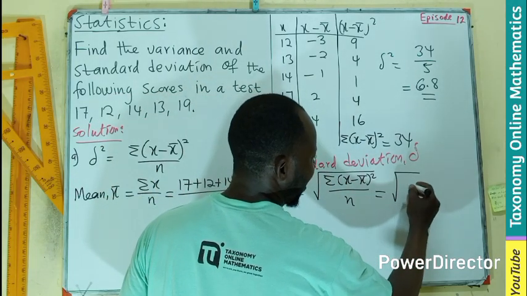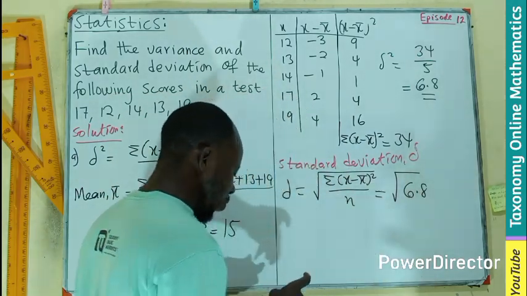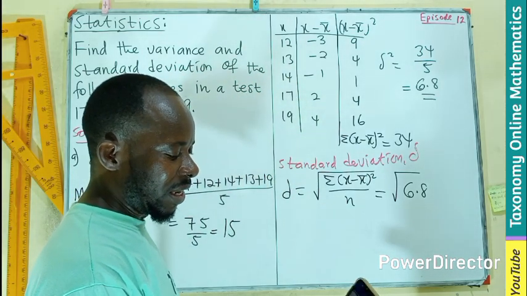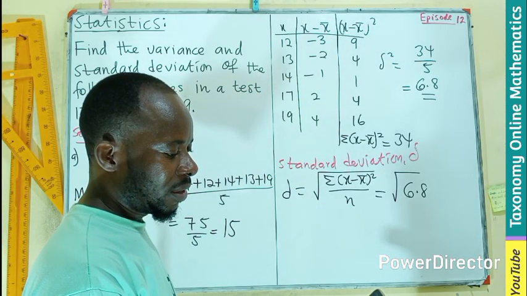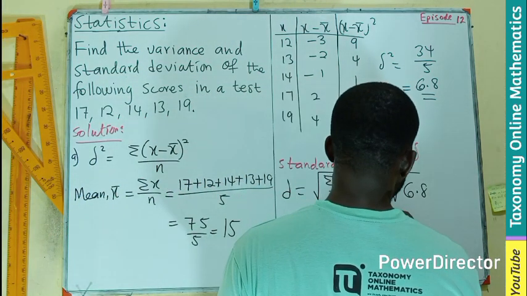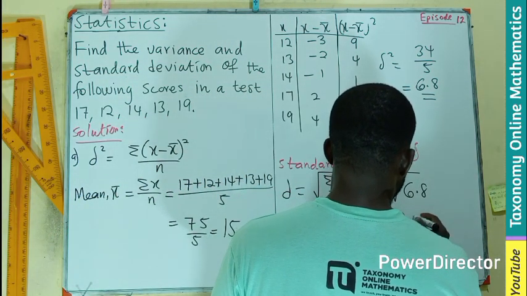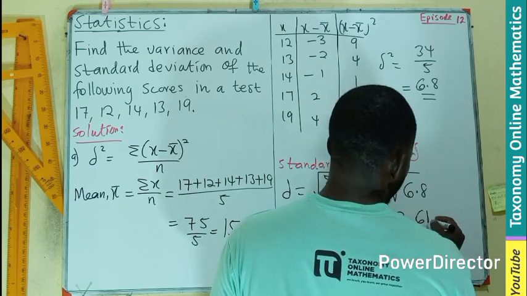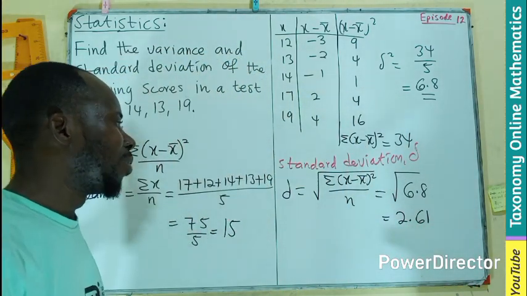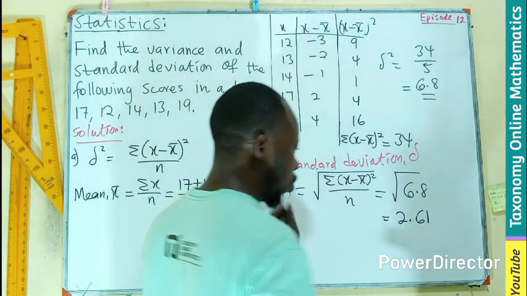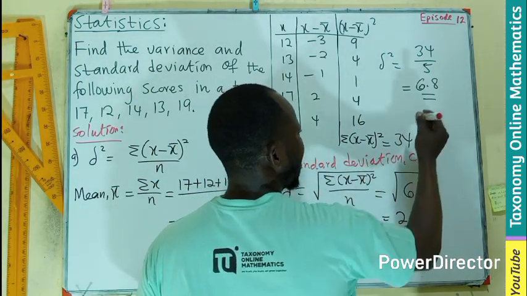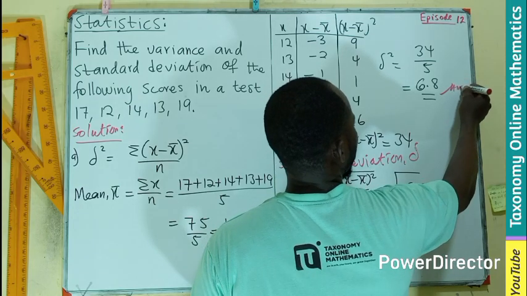So the answer is just the root of 6.8. Let's check. It is 2.601, so we can put it into 2 decimal places, 2.60. So this is showing the standard deviation, and this is showing the variance.